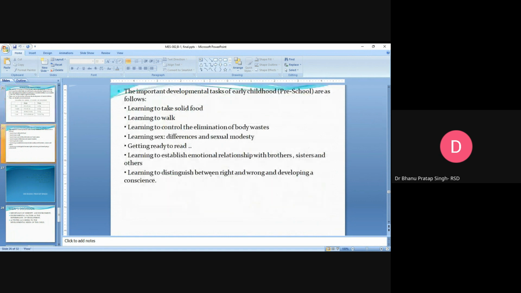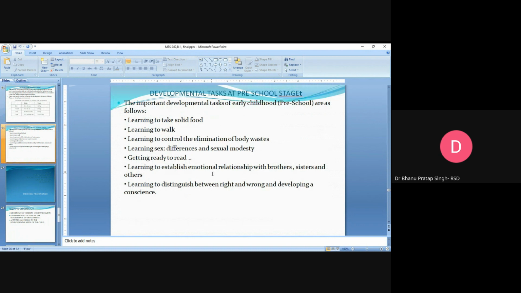So next is the developmental tasks at the preschool stage. The important developmental tasks of early childhood, that is preschool, are the following: learning to take solid food, learning to walk, learning to control elimination of body waste, learning gender differences and sexual modesty, getting ready to read, learning to establish emotional relationships with brothers, sisters and other family members, learning to distinguish between right and wrong, and developing a conscience.